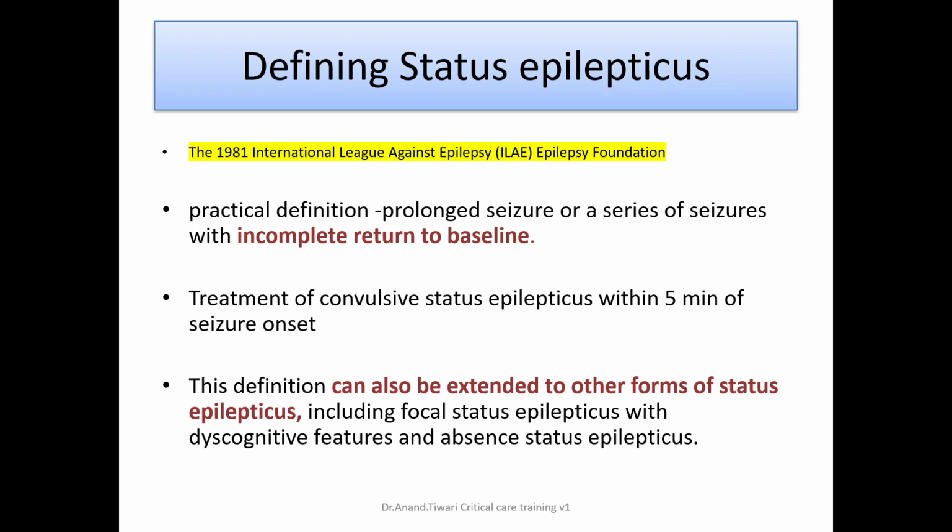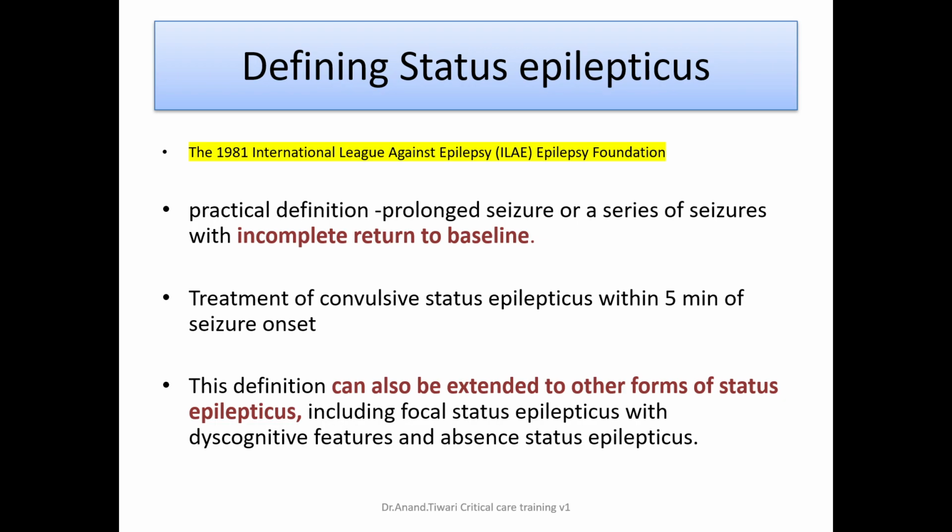Now, practically, these definitions have come from the International League Against Epilepsy, which stresses the importance of the duration of seizure. The initial definition was when a seizure lasts more than 30 minutes, then they called it status epilepticus.